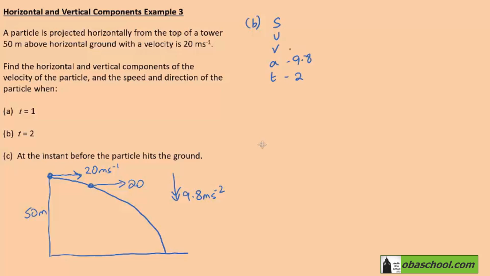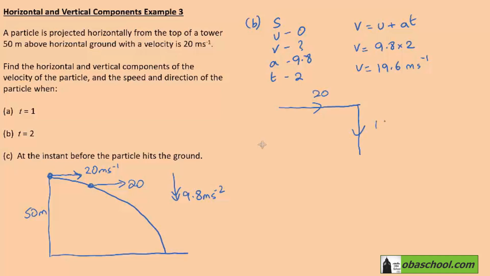So this is 9.8, we really want that. We know initially the vertical velocity is 0. So we've got v equals u plus at. That's going to be 9.8 times 2, which is 19.6 meters per second. So the horizontal is still 20, and this is 19.6.